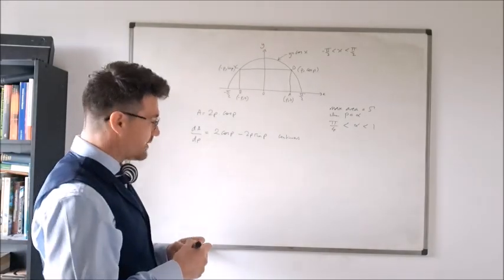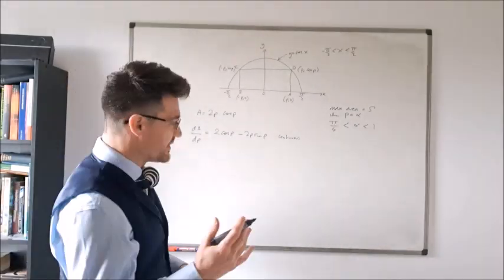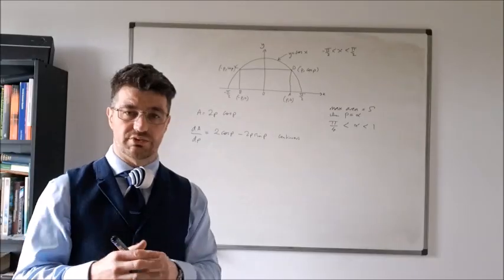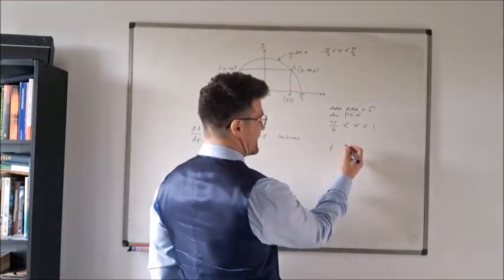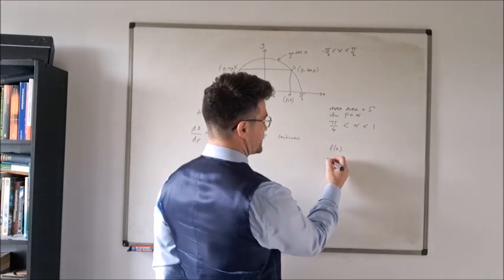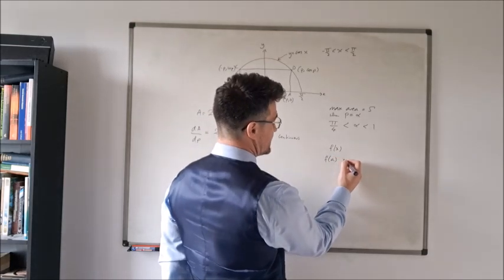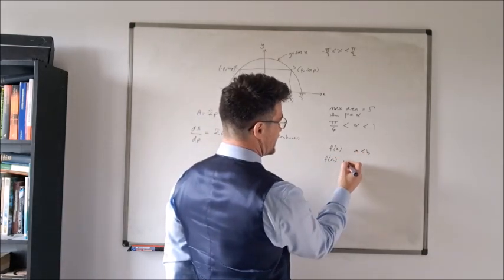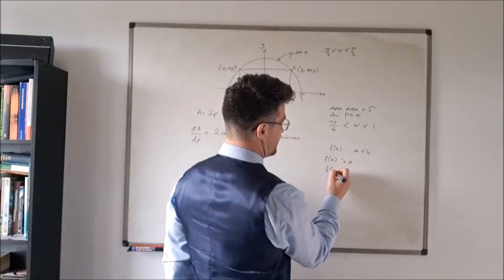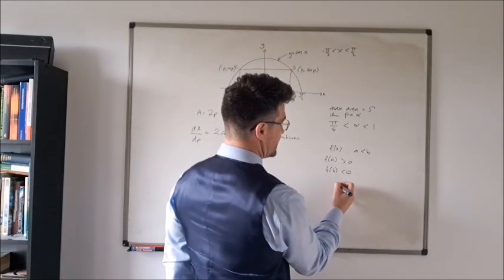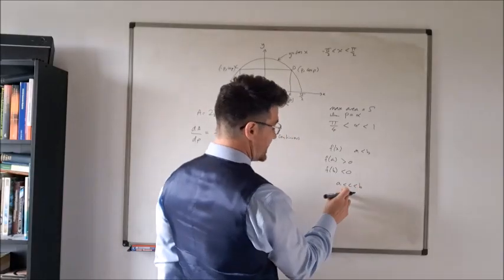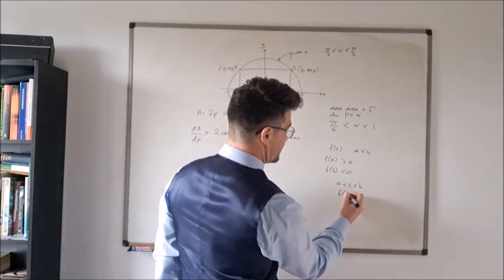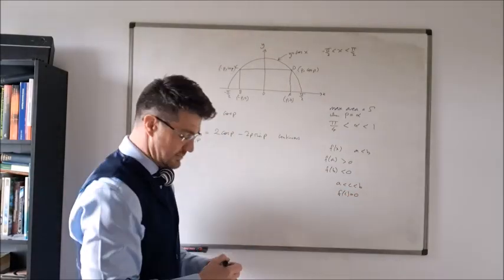So when we've got a continuous function, remember that we've got this sign change rule that if f of x is a continuous function, and a is less than b, and f of a is greater than 0, and f of b is less than 0, then there's some c in between a and b such that f of c is equal to 0.